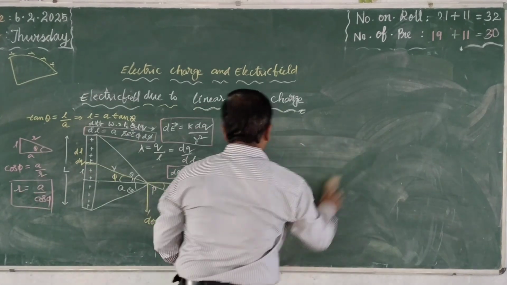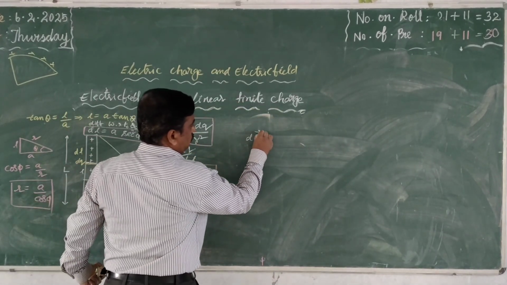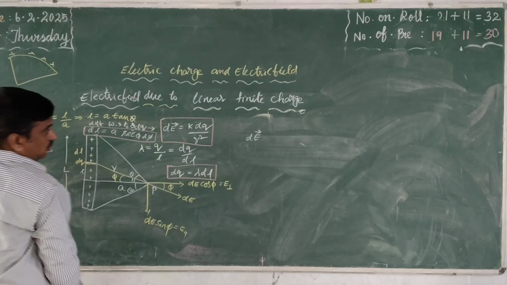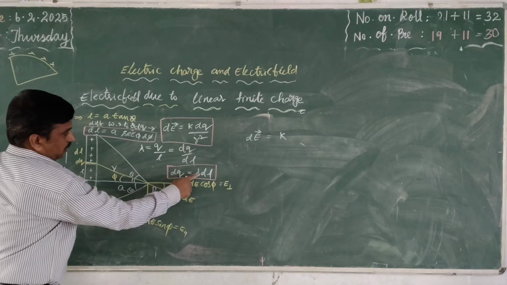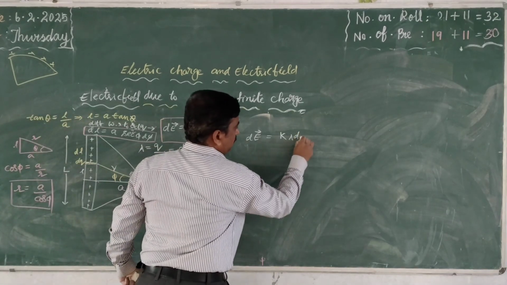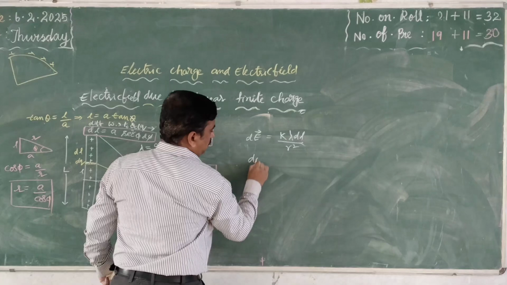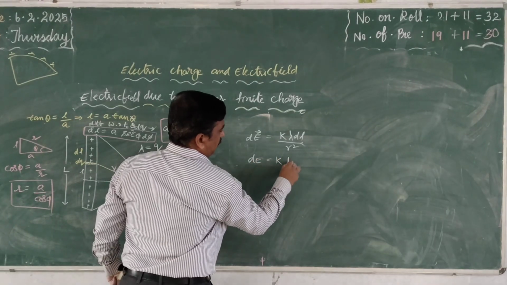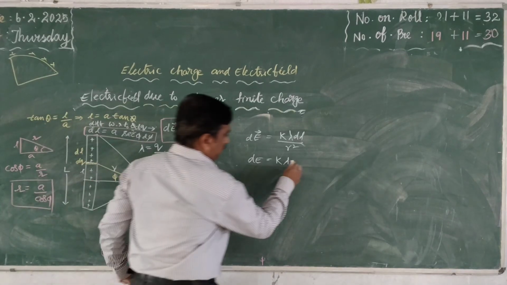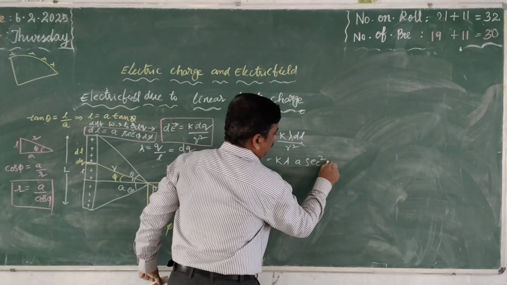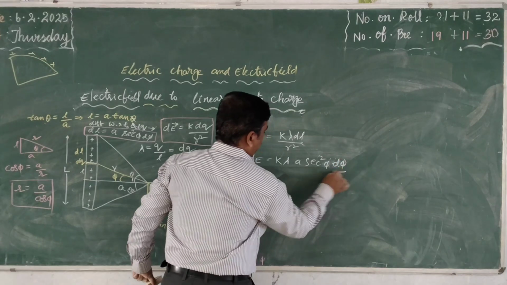I write dE equals, the electric field due to charge dq, k, instead of dq we write lambda dl, by r square.